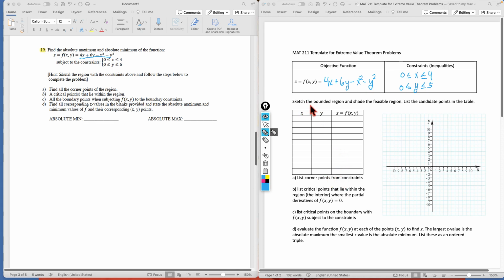One of the first things we want to do is sketch the bounded region and then shade the feasible region. So x goes from 0 to 4. So here's 0 to 4, that's your x value. Then y is going to go all the way up to 5, so we have a horizontal line here.